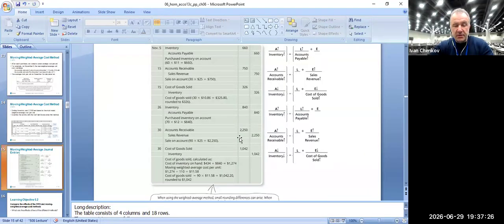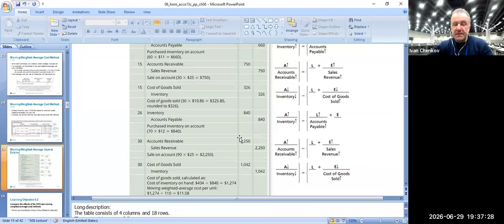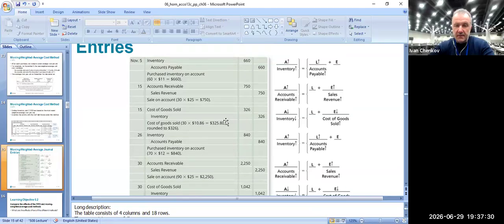So if we have to do the journal entry, the journal entries are exactly the same. Purchase the inventory: debit inventory, credit accounts payable for the purchase. For the first sale, debit accounts receivable, credit sales revenue for 750. As you can see from the first in, first out and moving weighted average, the first journal entries are exactly the same.